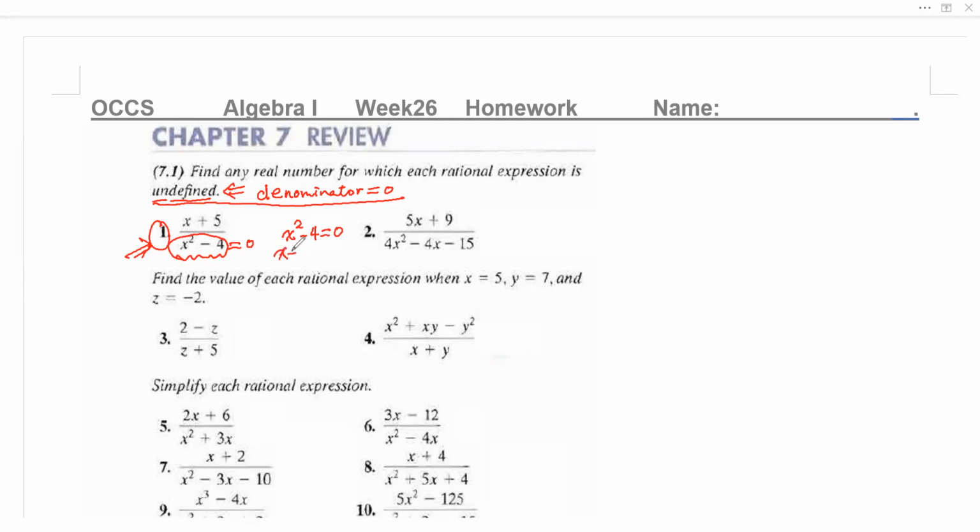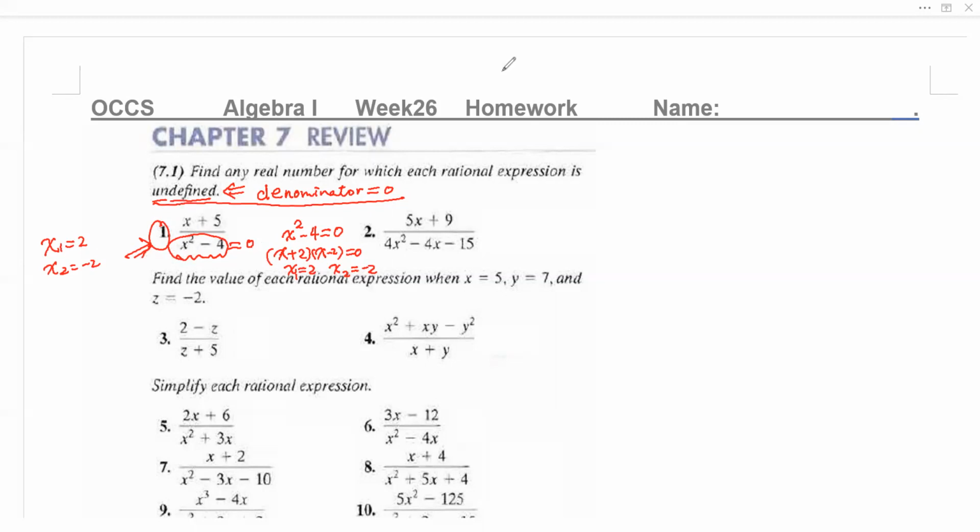Here we can factor into x plus 2, x minus 2, equals 0, so you have two solutions: x equals 2 or x equals -2. 2 is from here, -2 from here. So when x equals 2 or x equals -2, this rational expression is undefined because the denominator becomes 0, right?